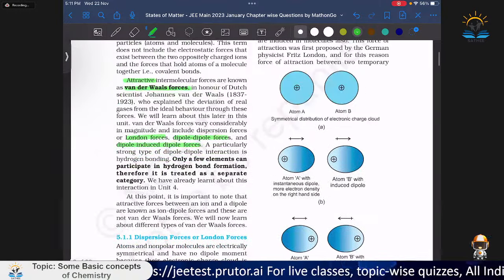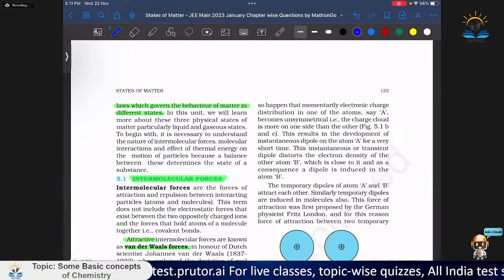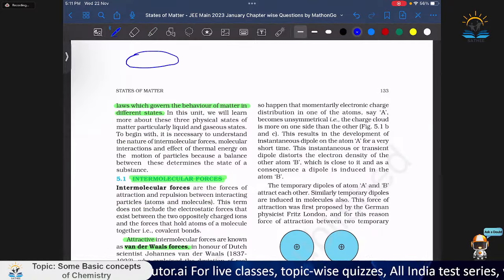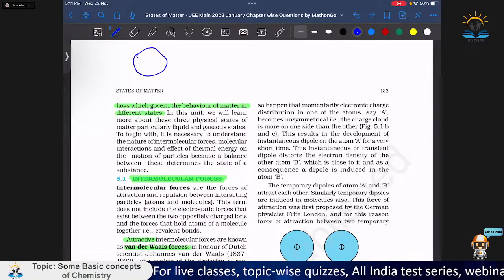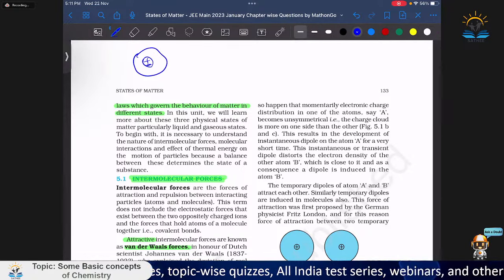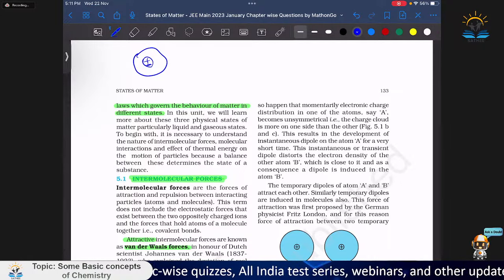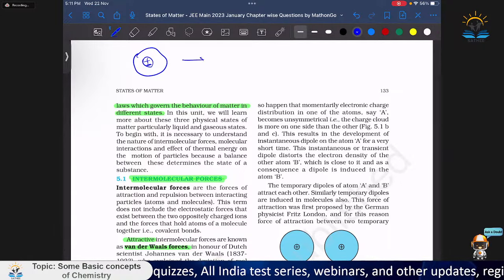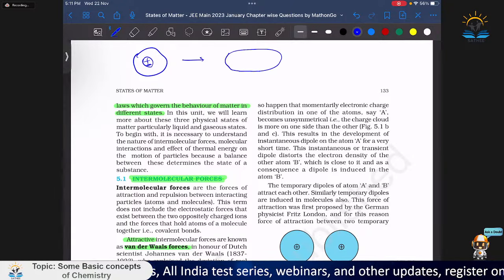What is a dipole? At first, I'll tell you what a dipole is. Suppose this is a neutral body, plus and minus. It is neutral. It has one plus and one minus. The distance between plus and minus is 0. Suppose I distort it in some way and bring the plus and minus to different positions.